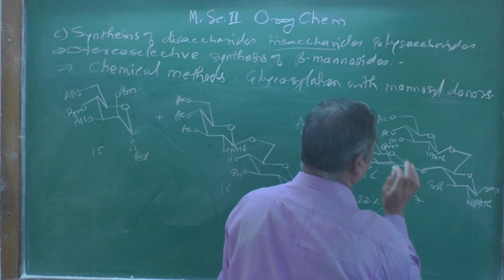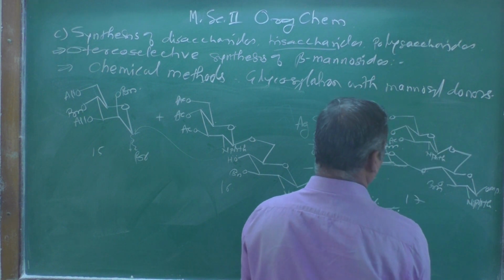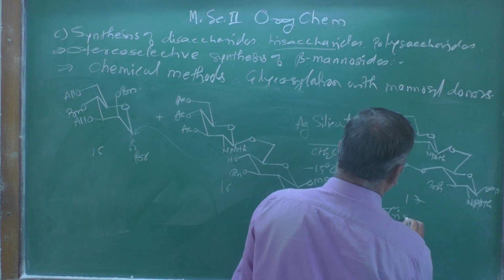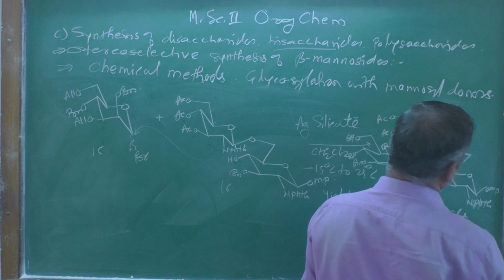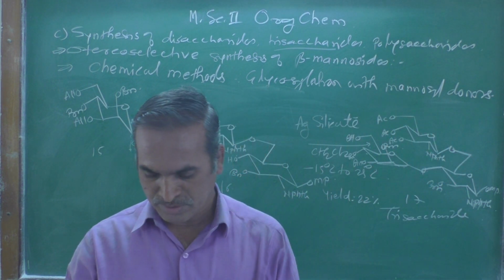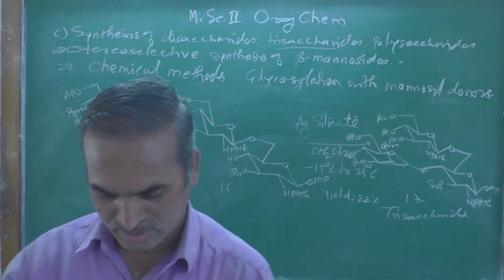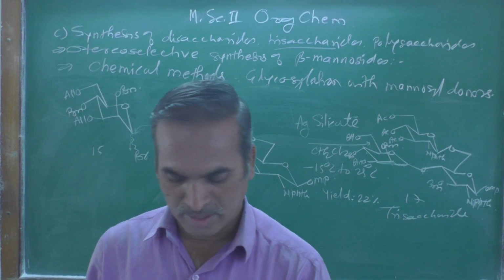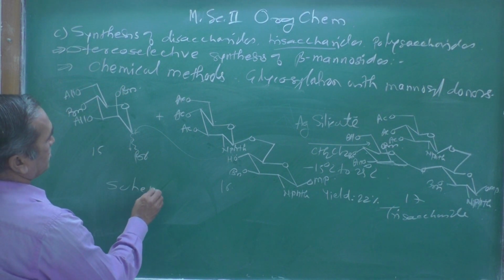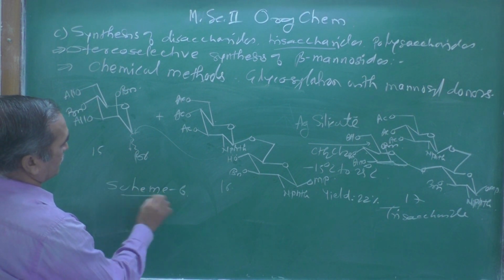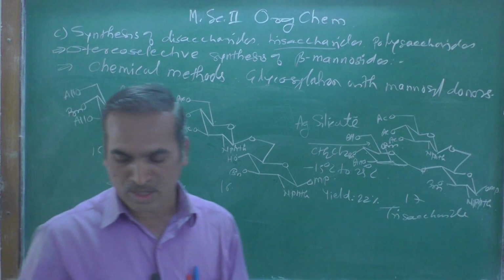Tri means 3 sugar units are present in this, and therefore we can call it a trisaccharide derivative. So this is the compound which we got, and this scheme is scheme number 6.